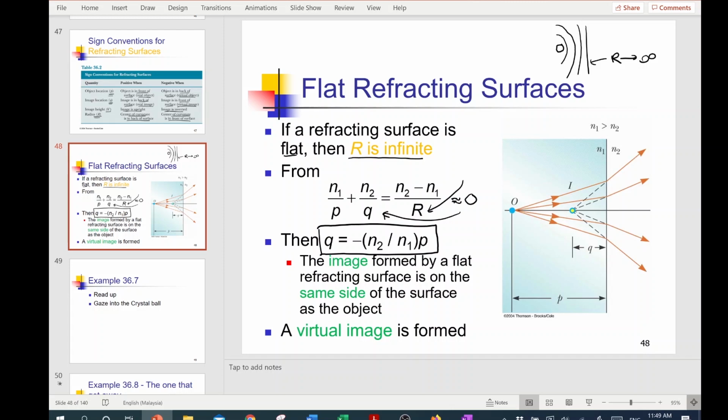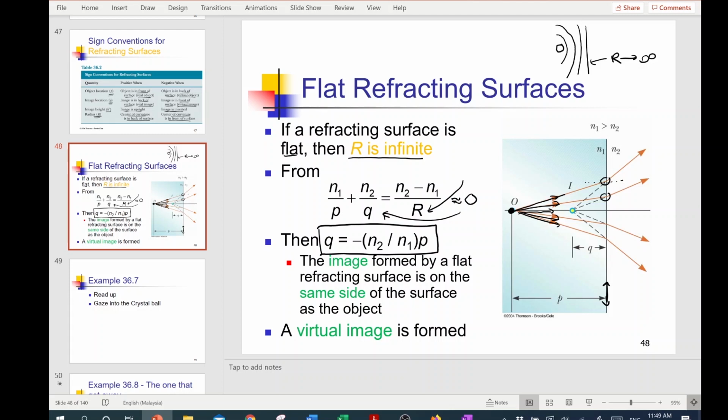As you can see in this case, if the object is here, we have a flat surface here, not a curved one. Then we have the ray emerge from this point on the object, and after it reaches the flat surface, according to the law of refraction, it will be refracted away from the principal axis, the optical axis.